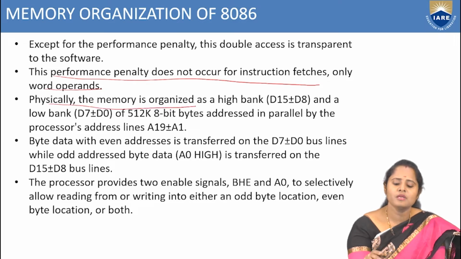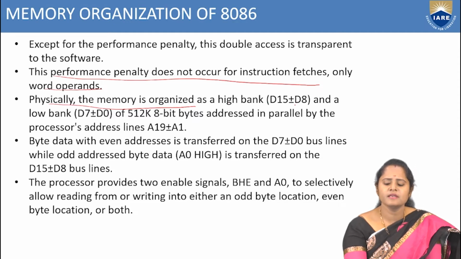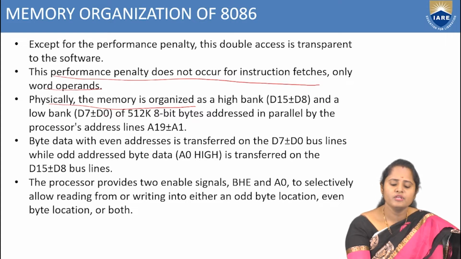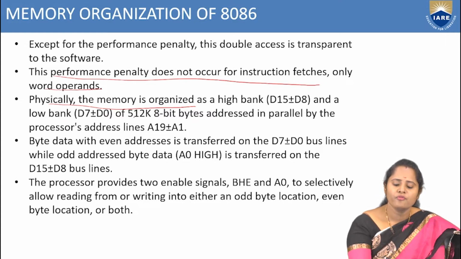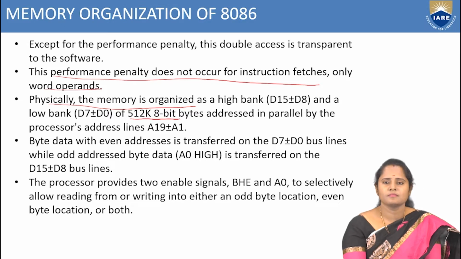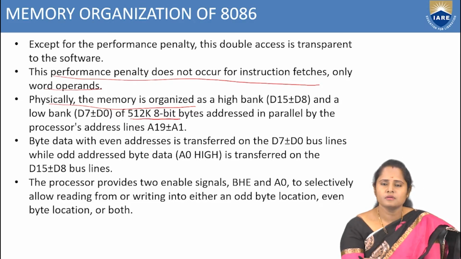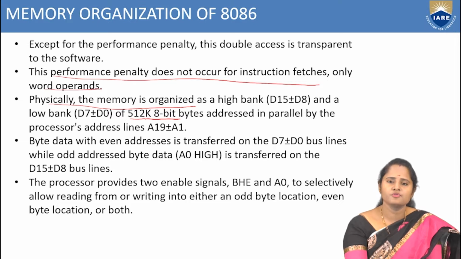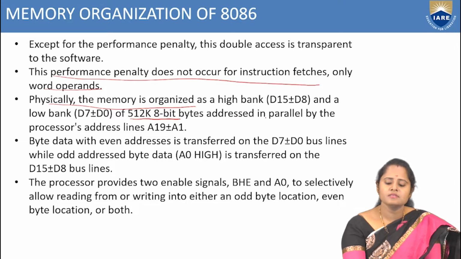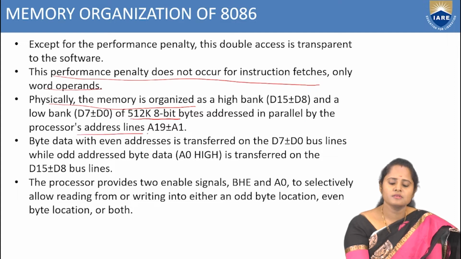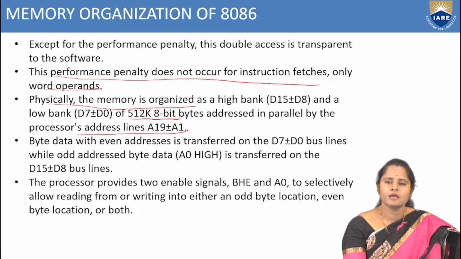The physical memory is organized in a higher bank of D8 to D15, and a lower bank of D0 to D7, of 512 kilobytes each. Each memory bank, even and odd, is 512 kilobytes, addressed in parallel by the processor address lines A1 to A19.